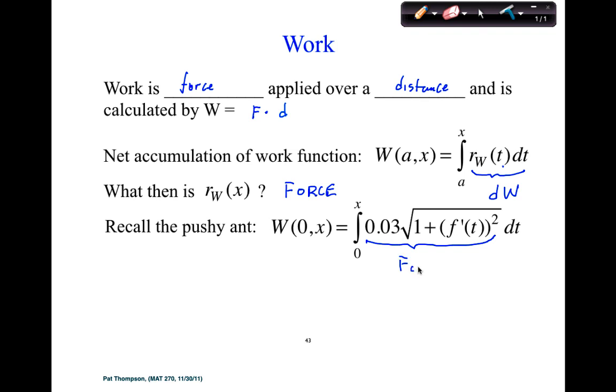What is this square root about? We said rate of change of work is force, and the force the ant was pushing with was constant at 0.03, so why is the force not constant here?